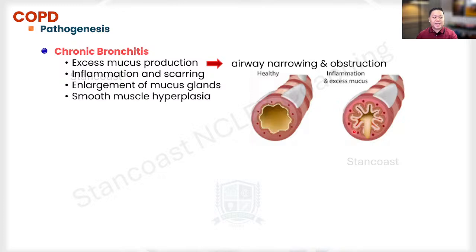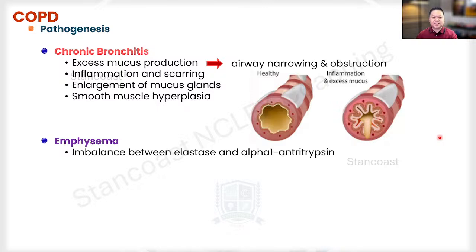All right, now moving into emphysema, they are the pink puffers. This is a condition that results from the imbalance between the protease, like the elastase, and the alpha-1 antitrypsin activity. So I really want you to draw into this. Emphysema is the imbalance between these two substances, the elastase and the alpha-1 antitrypsin.